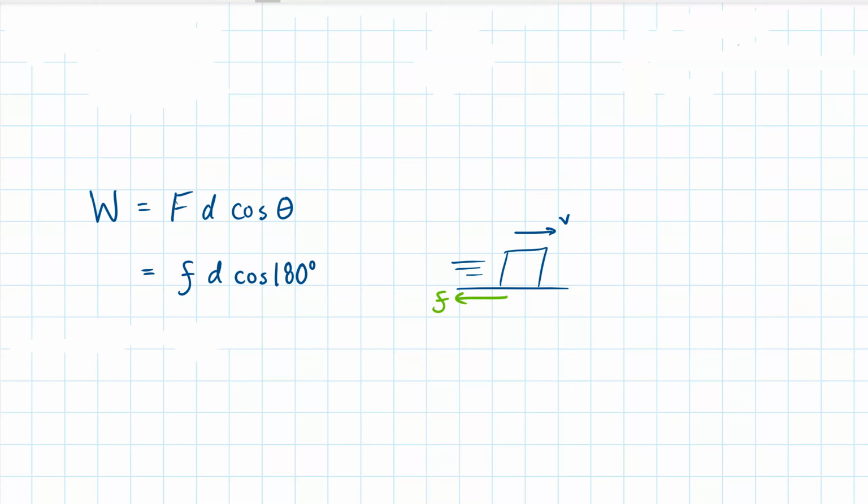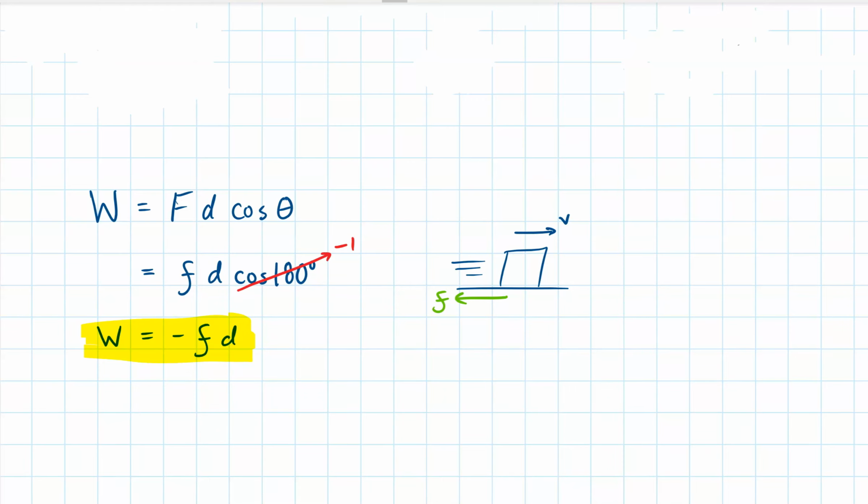So cosine of 180 degrees turns into -1. And so we end up with the work done by the force of friction is equal to negative whatever the friction force is times the distance our box moves.